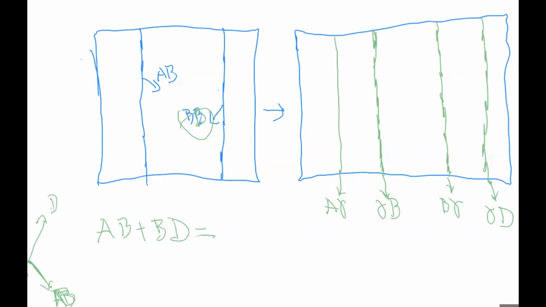Let me just draw it again. A to B, and this is B to D. We will come up with A to D, right? So how can we come up with A to D? Once all of these Shockley partials combine, A gamma plus gamma beta.